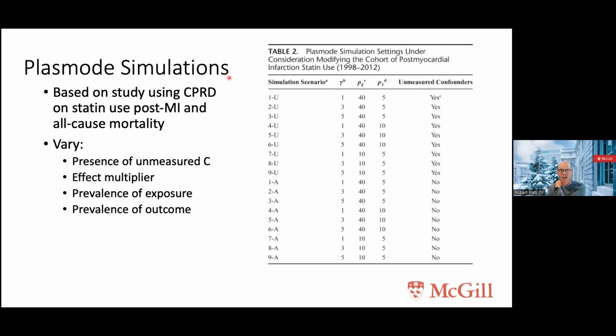The idea here is, rather than simulating data by just generating covariates from thin air, you start with a real study and then you manipulate something in the study and then you sample from that data set, and you manipulate something and you sample, and so on. So your simulations are much more realistic than when you do it the old-fashioned way. We used a plasmode simulation looking at statin use post-myocardial infarction.